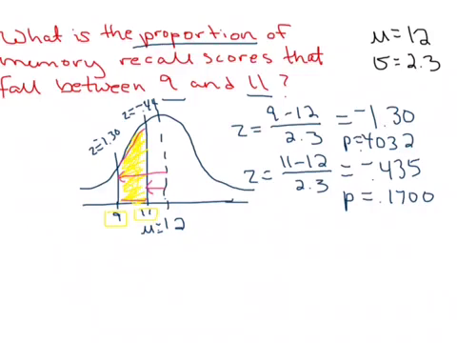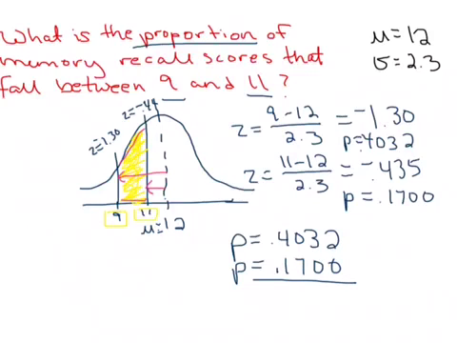Remember, these are positive, since proportion is always positive, even though your z's are negative. Those are just telling you where to look. Once I get those two, I'm going to subtract. So I'm going to subtract P equals 0.4032, and I'm going to take 0.1700 from that, and I'm going to get 0.2332.